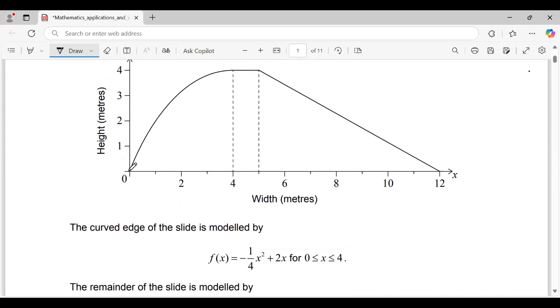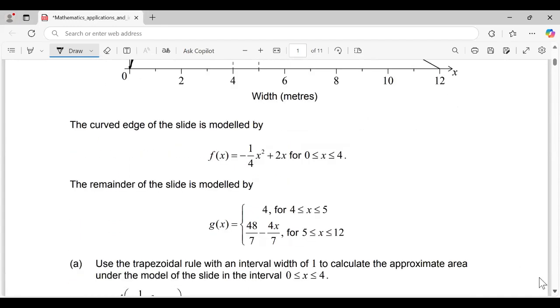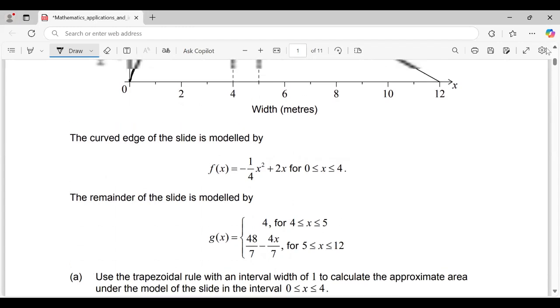So this curve function is f(x) = -1/4 x^2 + 2x, for x from 0 to 4. And the remainder of the slide is modeled by g(x) = 4 for x in the interval 4 to 5.